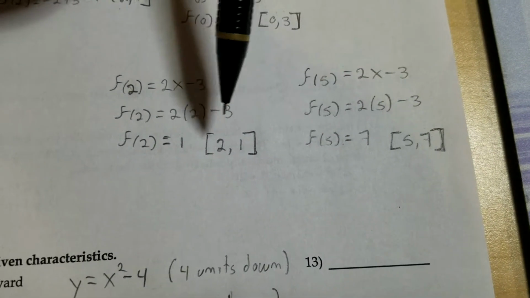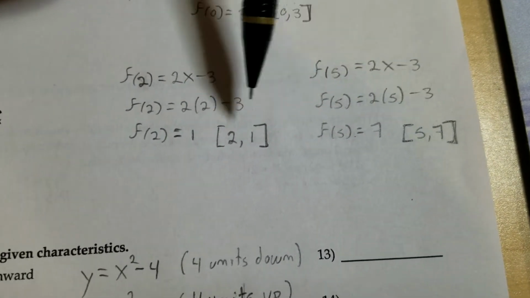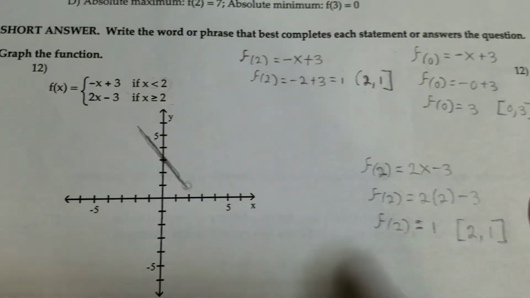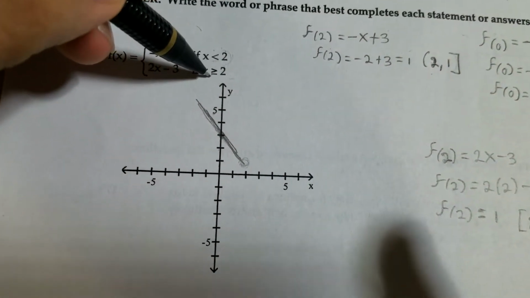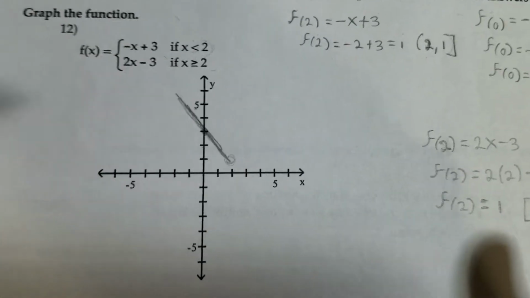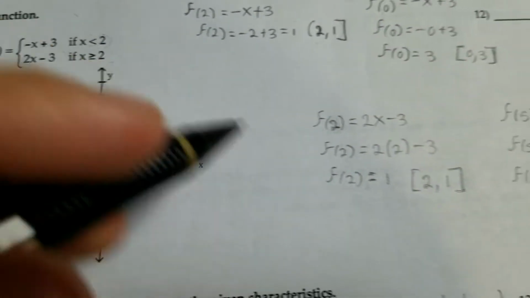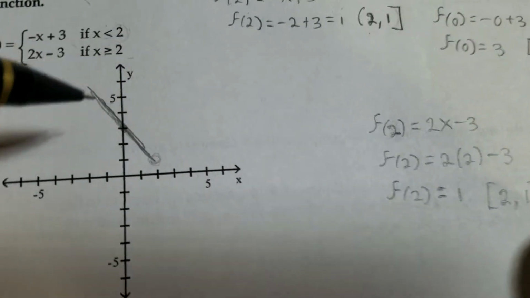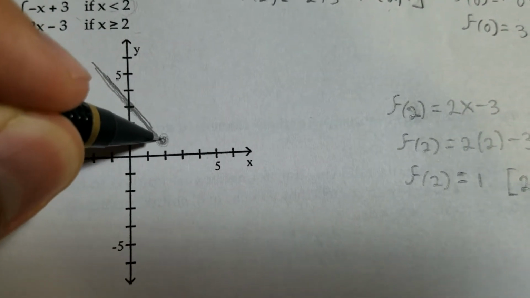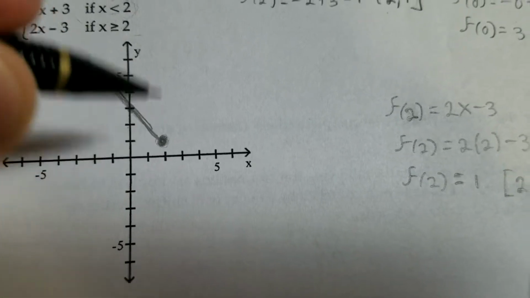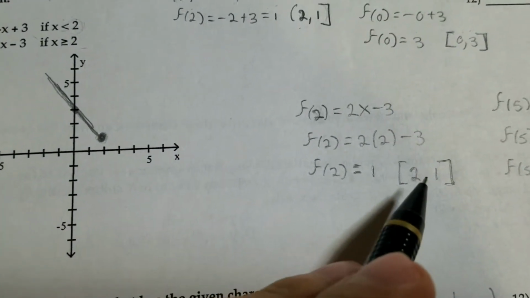Now keep in mind that these two values, you can include them, so they are going to be part of your final answer because they are greater than or equal. So you have the equal sign down here. Since I have a point at 2, 1, instead of an open dot, now I'm going to close the dot because this is telling me that I can use that point.